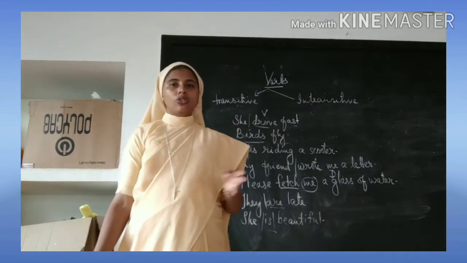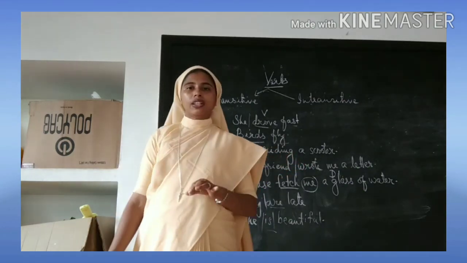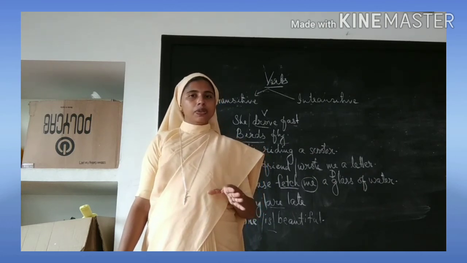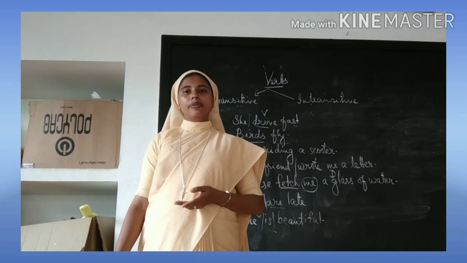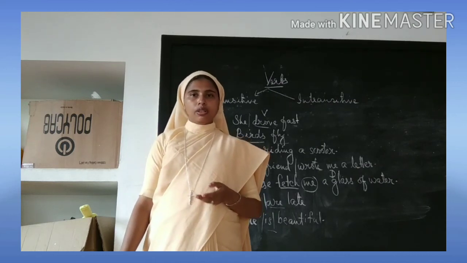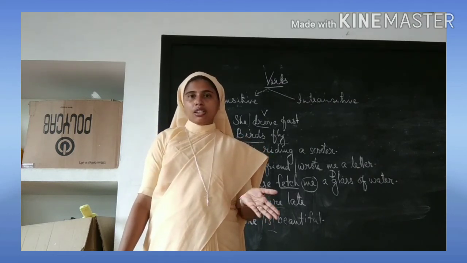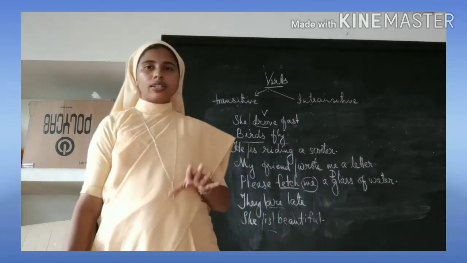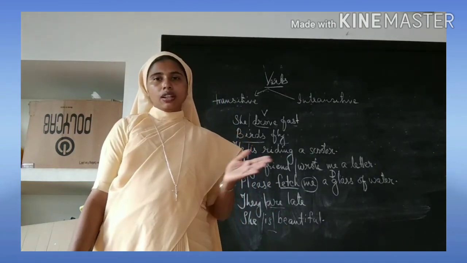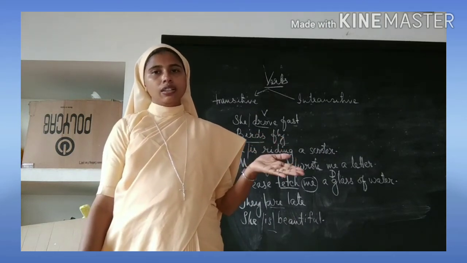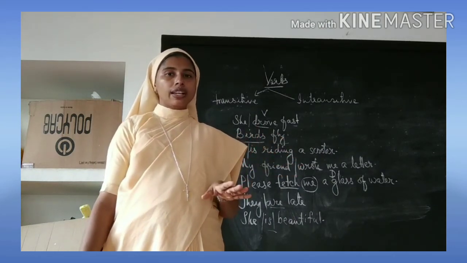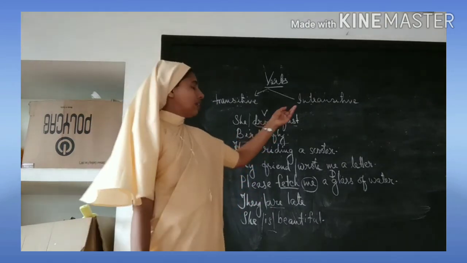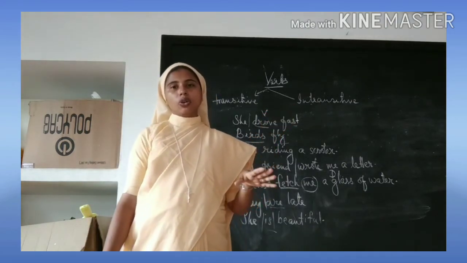Once more, let us record what we have learned. First we have studied finite verbs and non-finite verbs. Finite verbs change according to the tense or number, but non-finite verbs don't. Next we have learned about transitive and intransitive verbs. A transitive verb has a direct object or indirect object, but an intransitive verb doesn't have an object.